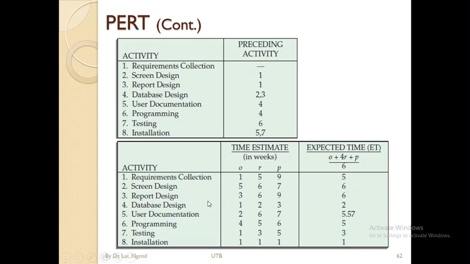You will say, okay, it is 5, it is 6, it is 6, it is 2, it is 6, it is 5, it is 3, it is 1. You guess. So if it is critical path, you don't need optimistic or pessimistic.